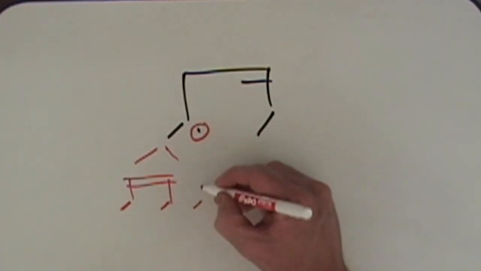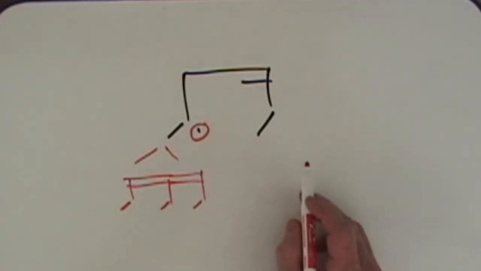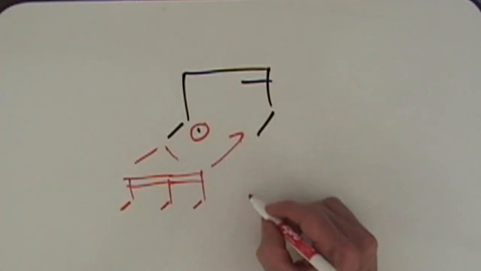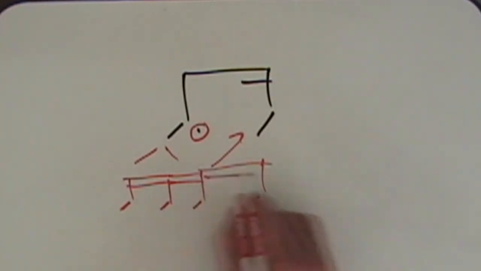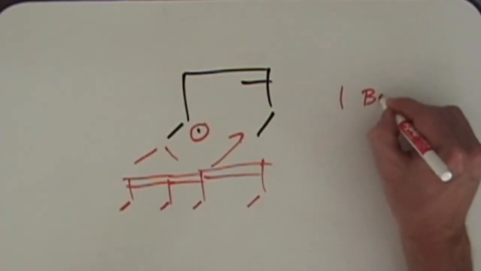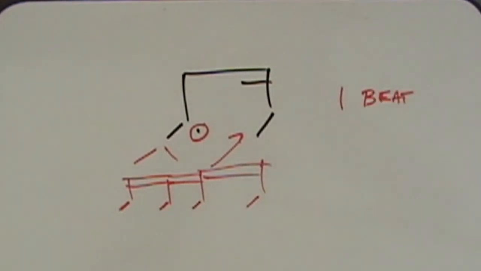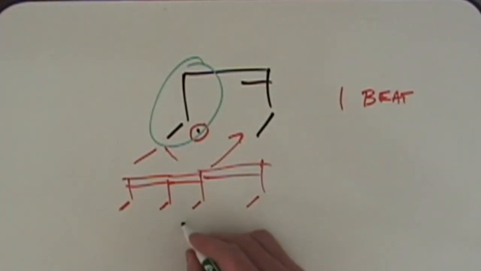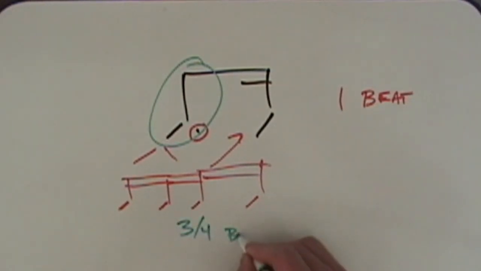So you're adding an additional 16th note right here. And the last 16th note is in the rhythmic figure. So this whole thing is worth 1 beat, and this portion of the rhythm right here is worth 3/4 of that beat. That's a trickier one.